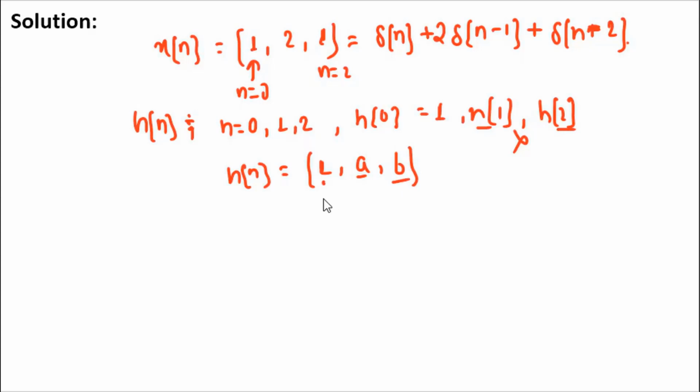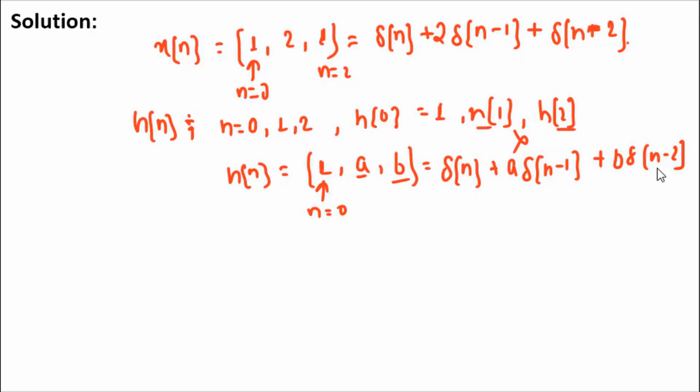Similarly, in impulse representation, h of n is delta of n plus a times delta of n minus 1 plus b times delta of n minus 2.